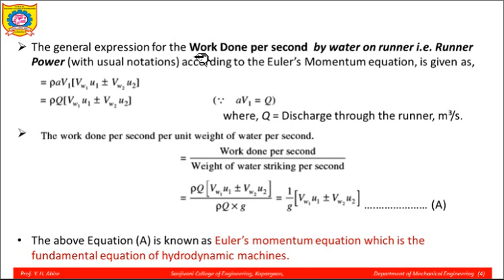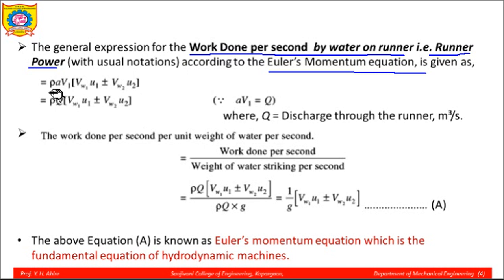Now, the general expression for the work done per second by the water on the runner, that is runner power, is written according to Euler's momentum equation, which is already derived in our unit number 1 in the case of a series of radial curved vanes.